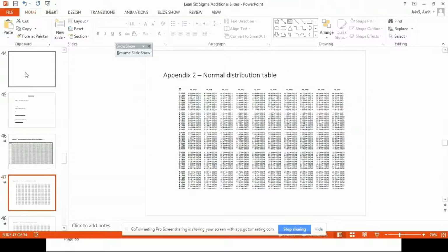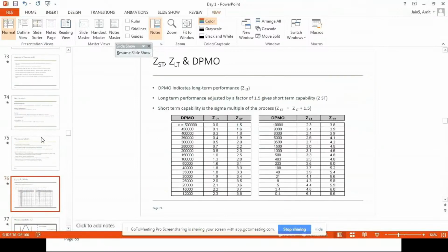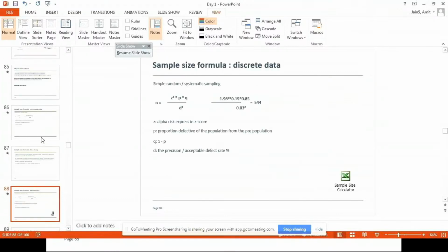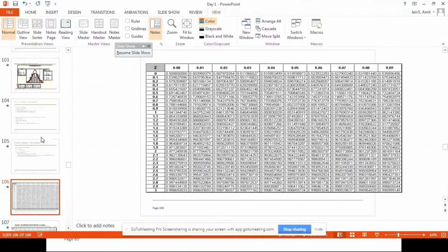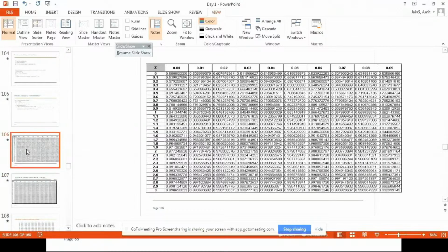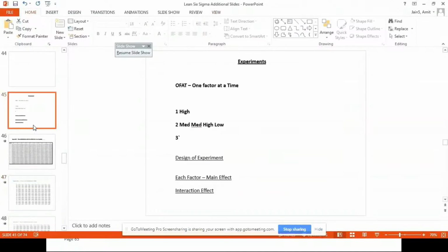Oh, it's okay. Copy pasting error. Right here, I wanted to copy this one as well.